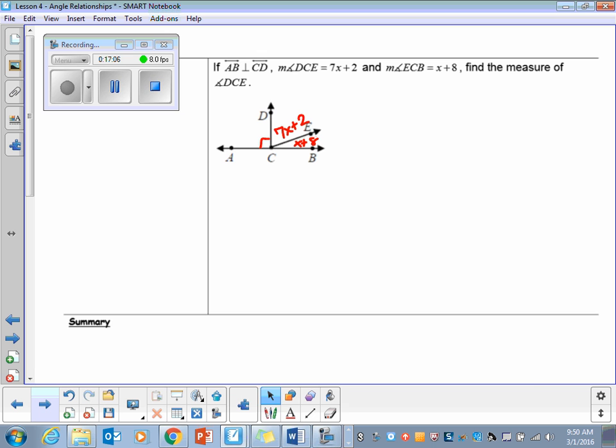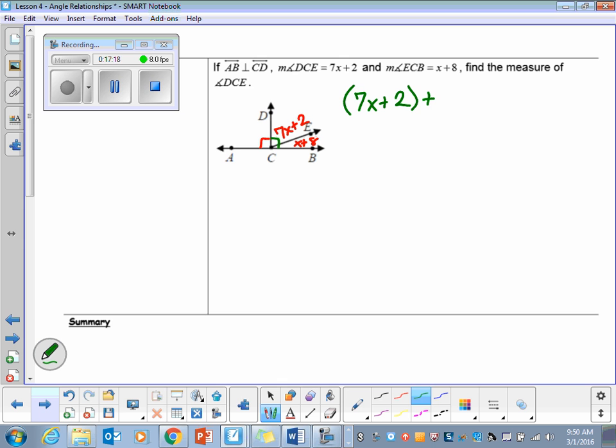Okay, so I've got complementary angles, right? DCB has to be 90 degrees. So 7x plus 2 plus x plus 8 has to be 90 degrees. We have complementary angles.